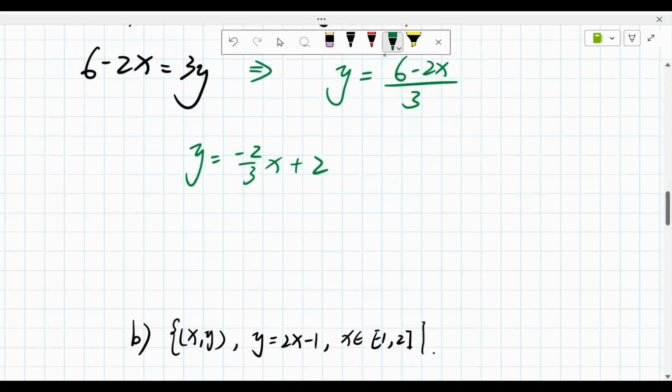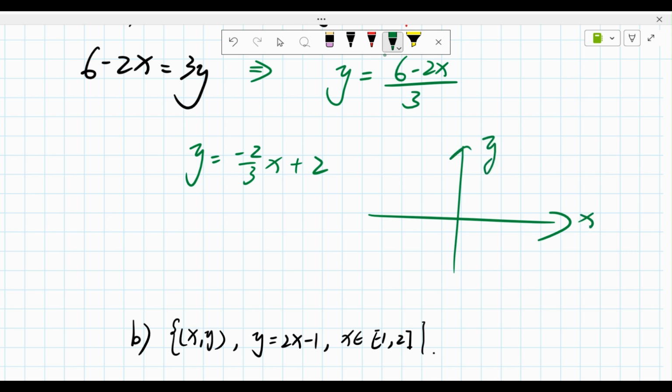If we write the linear relation, you can draw the graph with x and y axes, and it looks like this. The domain is the real numbers, and the range belongs to the real numbers.